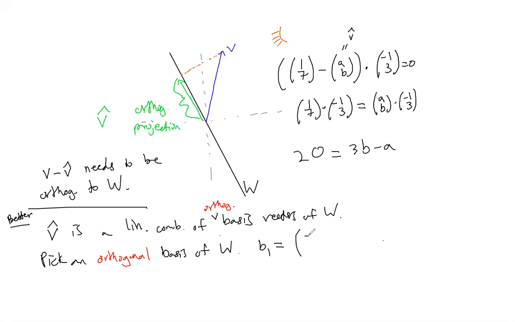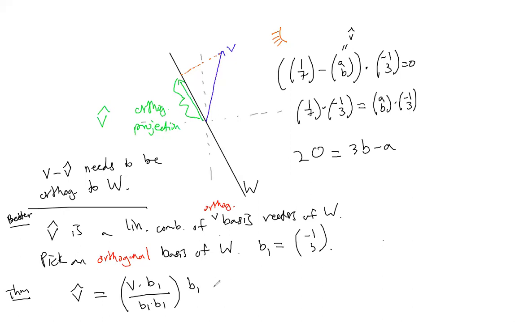B1 is (-1, 3). And then the theorem is that V hat is the same formula we had before for writing V as a linear combination of B1.